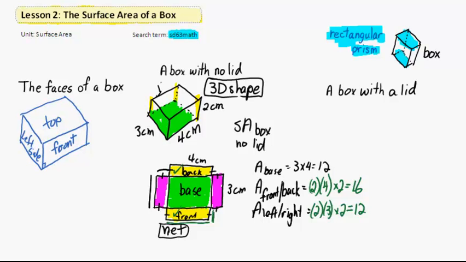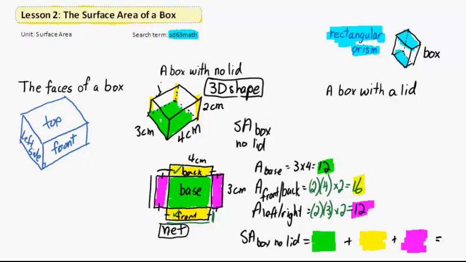So the surface area of the box with no lid is equal to 12 from the base, 16 from the front and back, and 12 from the left and right, for a total of 40 centimeters squared. That is the surface area.